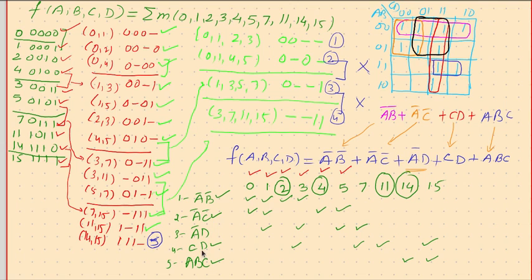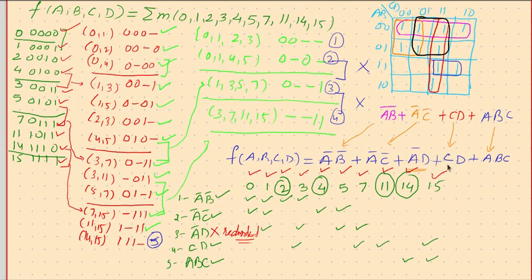Done. Then CD, 3 is covered, 7 gets covered, 11 gets covered. Then you say ABC. With ABC 14 gets covered, 15 gets covered, and just look, is anything left? Nothing is left. That means using only these four, I can assure that all the minterms are covered, which only indicates that this is a redundant term. So that's a redundant term.